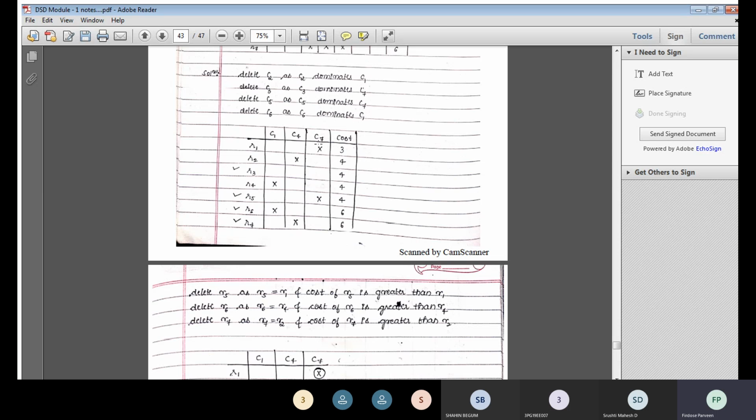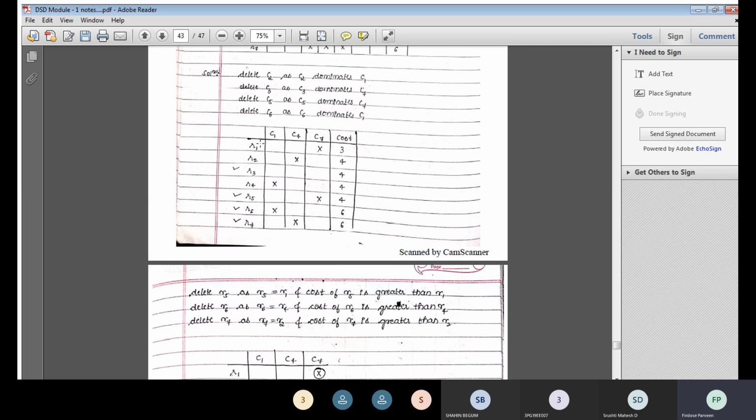Because only at C7 R1 has a cross mark, and only at C7 R5 has, and R5's cost is more. So we will delete R5. In the same way, delete R6 as R6 is equal to R4 and the cost of R6 is more. Delete R7 as R7 is equal to R2 and the cost of R7 is more.